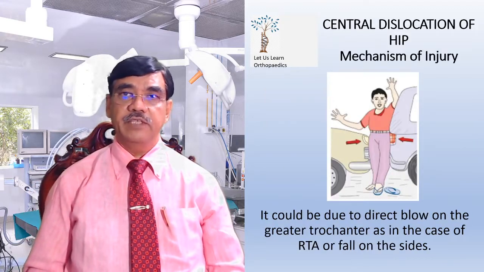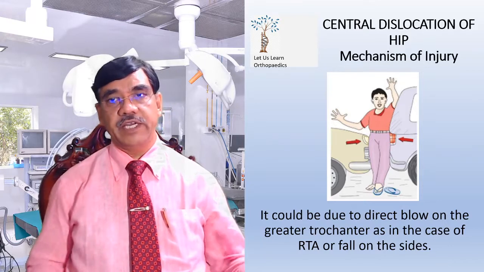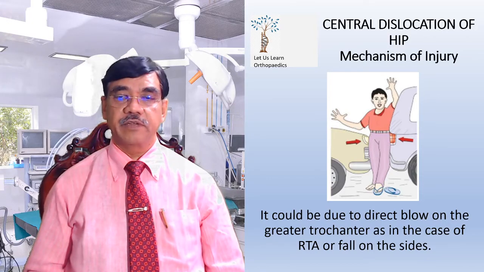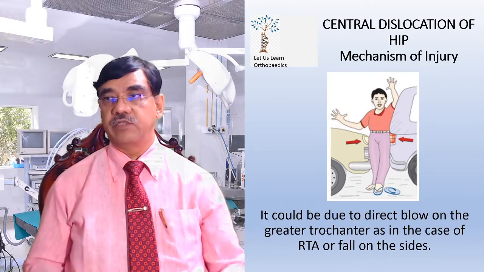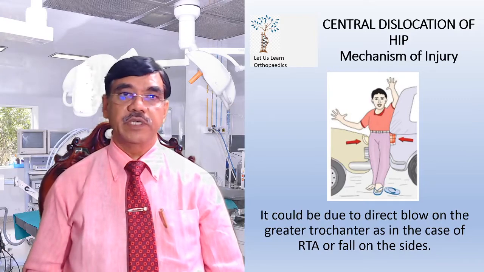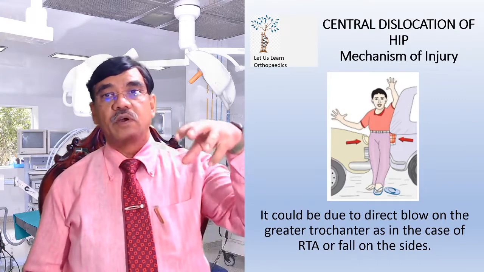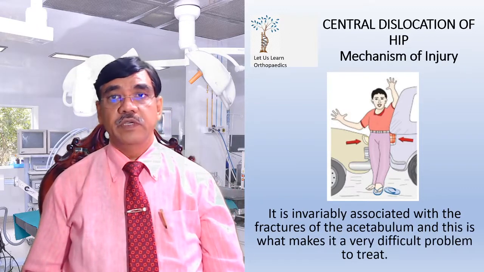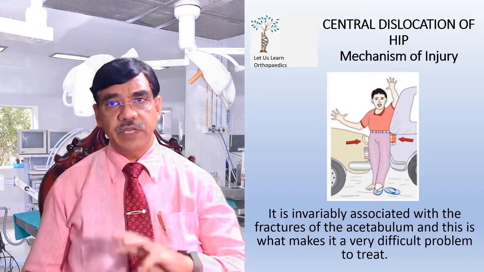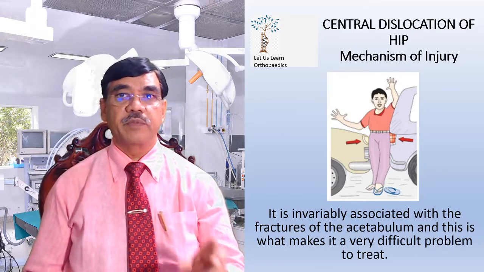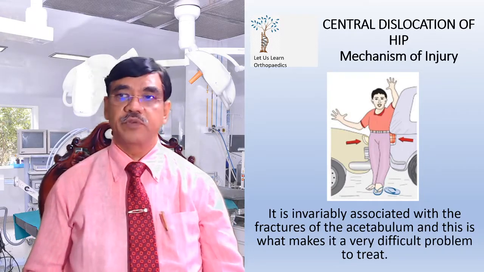Now, the mechanism of injury: it could be due to a direct blow on the greater trochanter, as in the case of a road traffic accident, or somebody, as you can see in this particular diagram, getting sandwiched between two vehicles, or a fall from height on the side. Now, it is invariably associated with a fracture of the acetabulum, and this is what makes it a very difficult problem to treat.